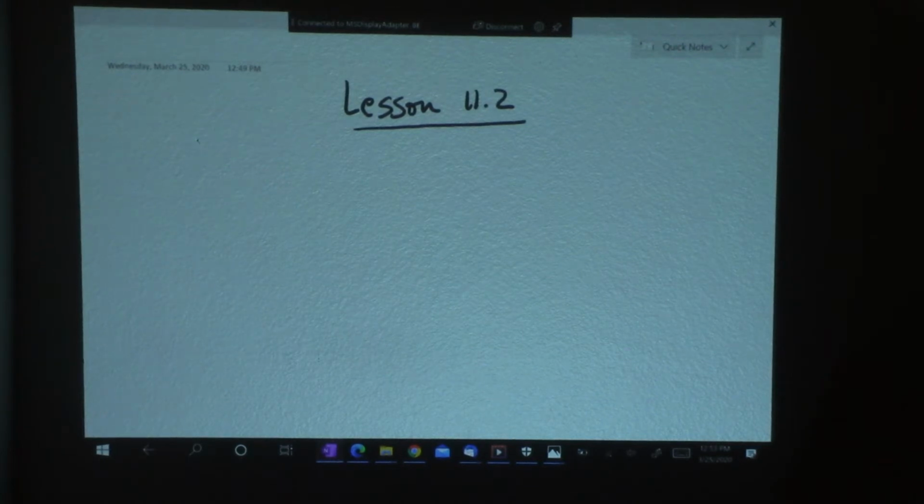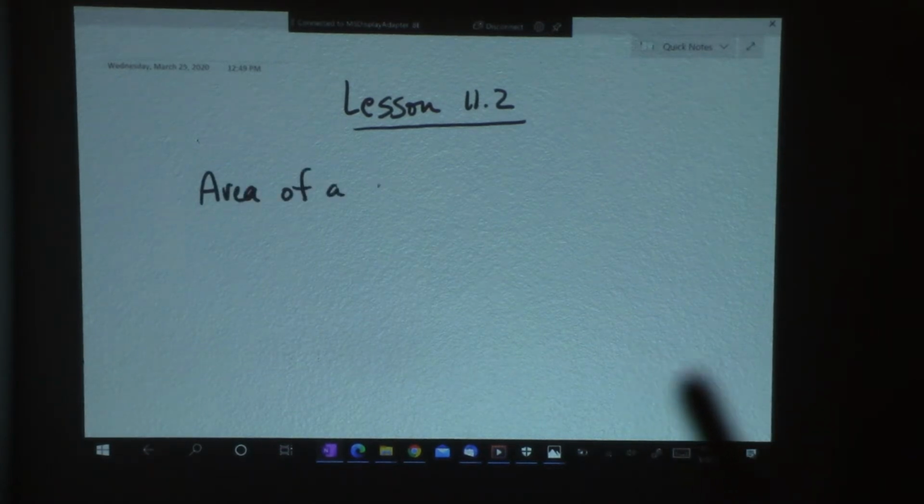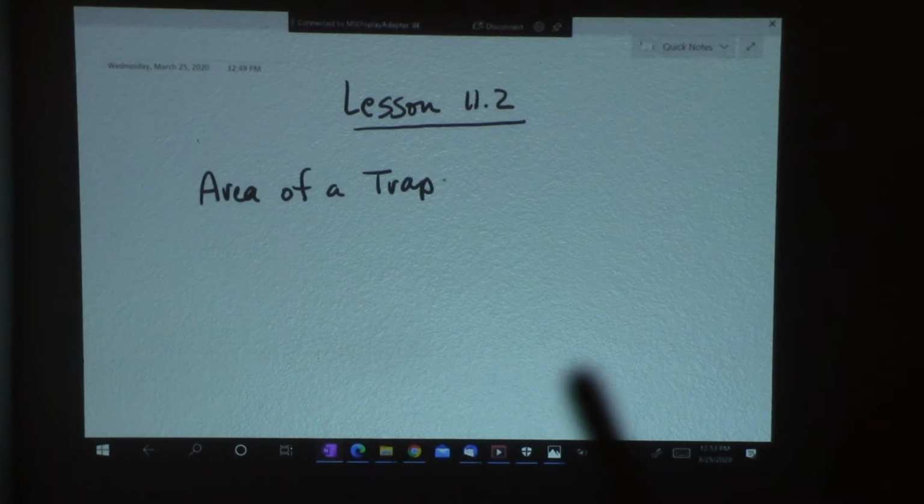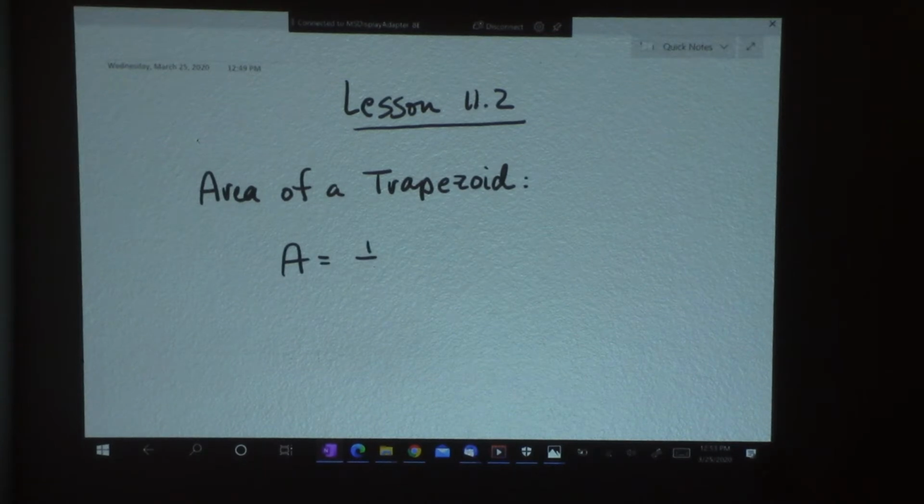So let's start with the area of a trapezoid. That formula is 1/2 h (b1 + b2). And our picture looks like this.